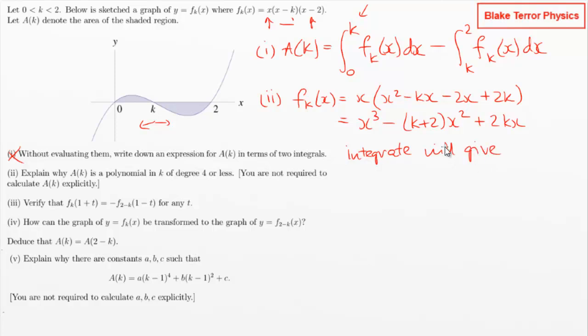It doesn't say you can't do it. It just says you're not required to, but it's just so easy to do now. Anyway, integration will give an x to the 4 term, an x cubed times k term, and lower order terms.